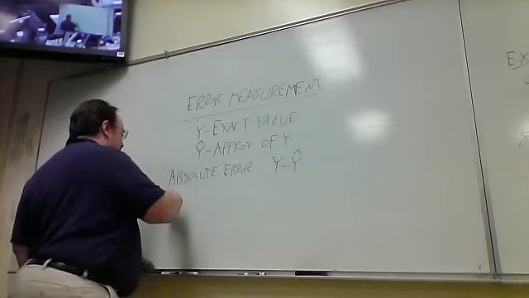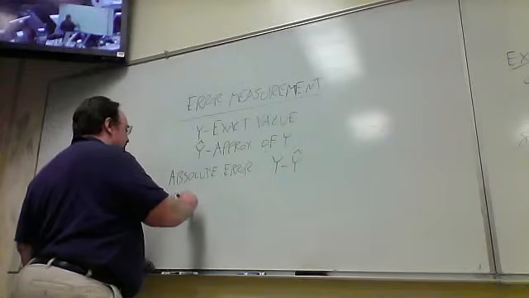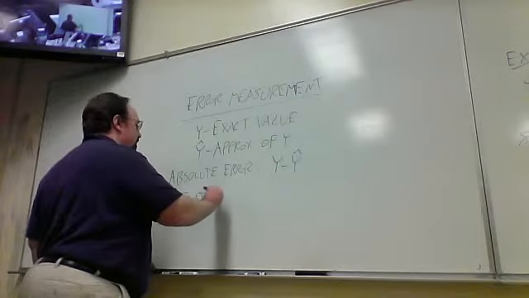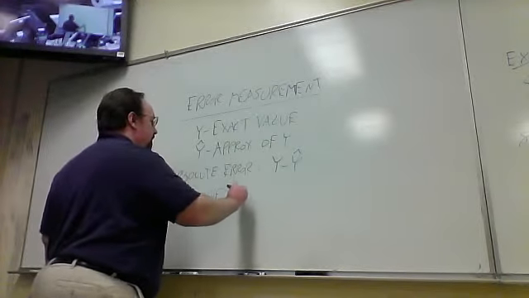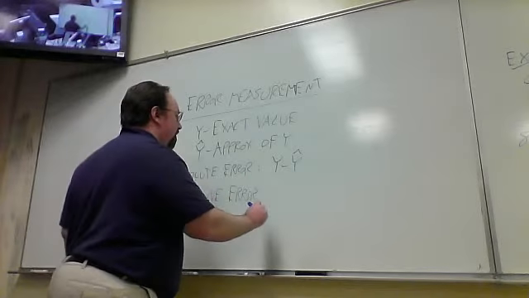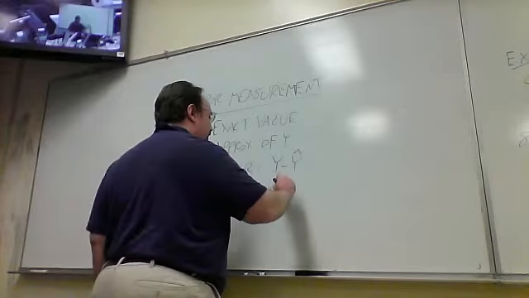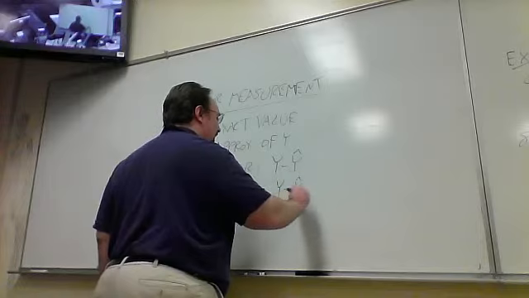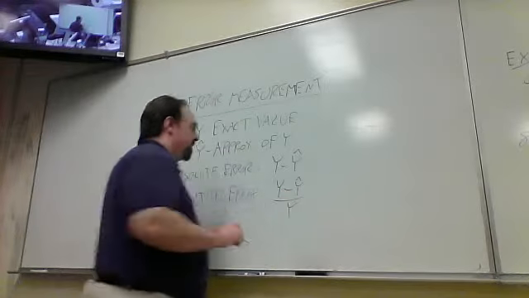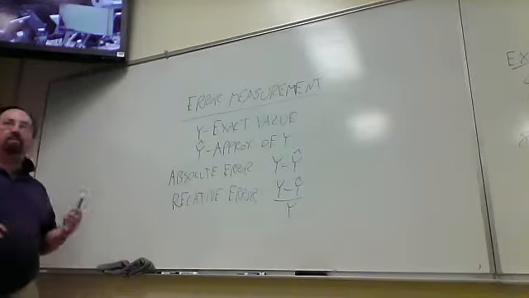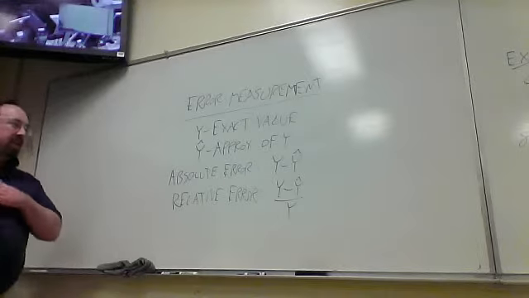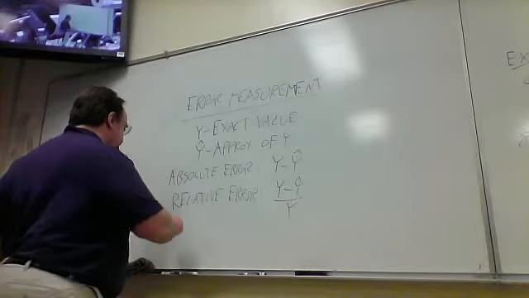However, you might find a more reliable indication of how accurate your approximation is if you use the relative error, so y minus y hat divided by the exact. And again, you may or may not choose to use the absolute value.